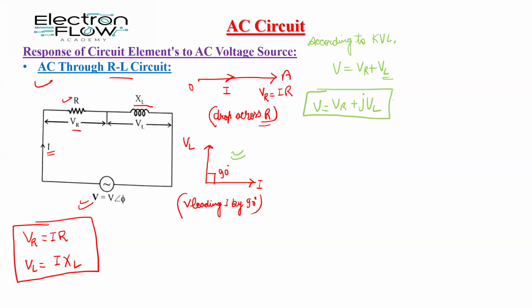We have to use this j operator, in other words iota. This is our equation number 1. The phasor diagram of this equation looks like this in two formats.